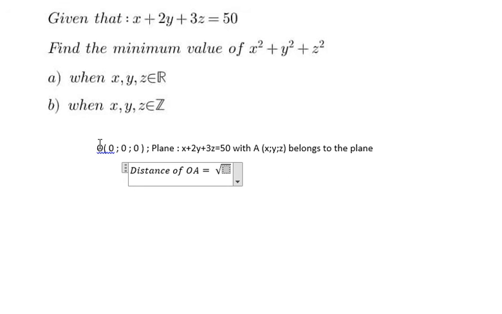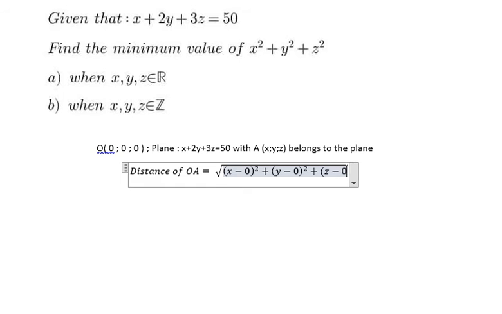We have x minus 0 and we square it, similar for the y, similar for the z. So we get the distance OA is about the square root of x square plus y square plus z square.